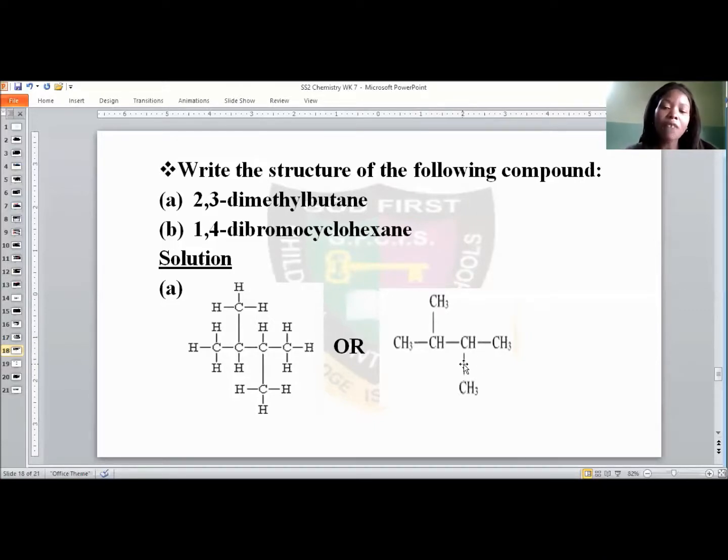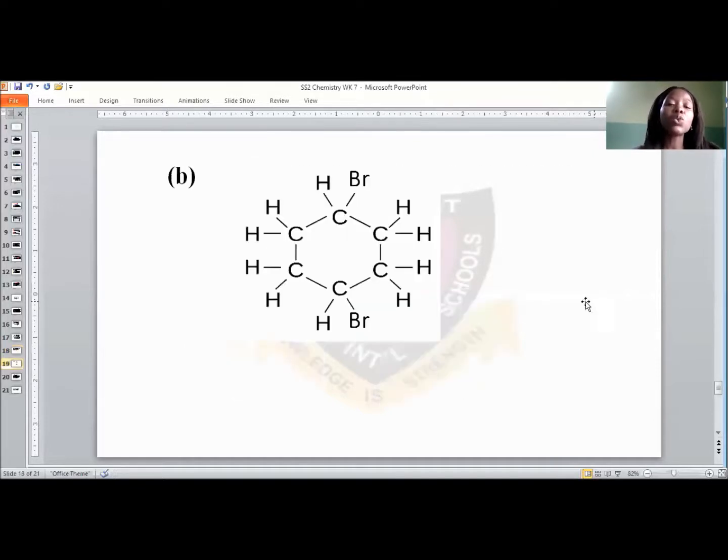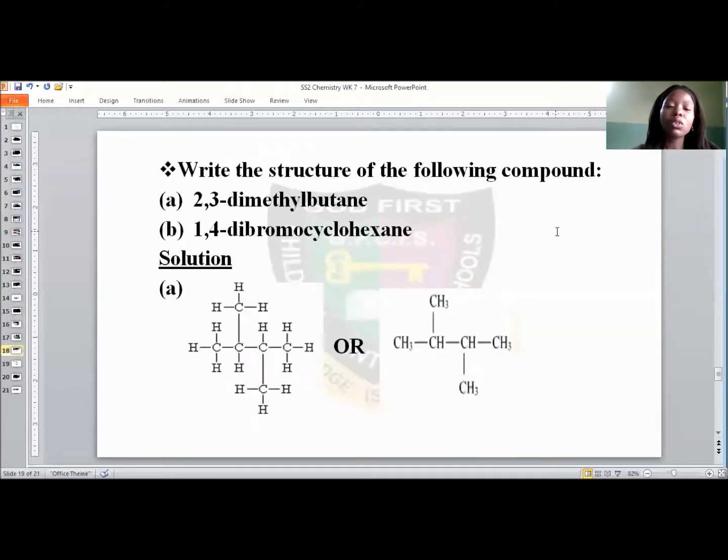So in this one, you have 1, 2, 3, and that hydrogen makes it the 4th bond. So for this one, you have carbon 1, then for each hydrogen 1, 2, 3, plus this one making it 4. Hope I understand it. So that's the structure of 2,3-dimethylbutane.